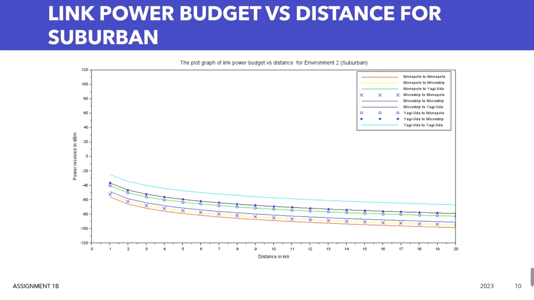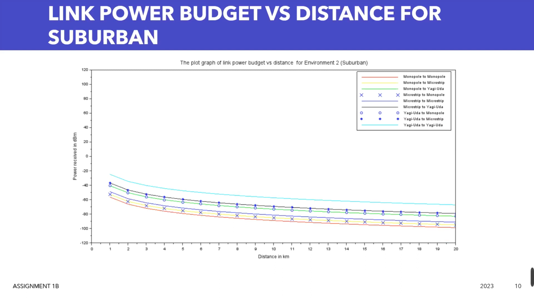Next is the link power budget versus distance for suburban. We can see that for suburban, the power received is a lot higher because it has less obstacle than urban.